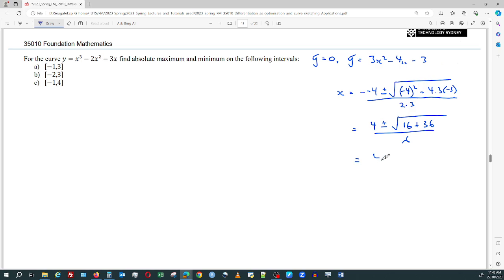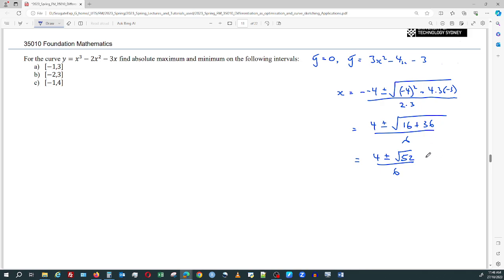So we get 4 plus or minus, now that's 16 plus 36, there you go, 52. So we've got the square root of 52, that's why the integers weren't coming out of the other one. So what have we got here? 52 halved is 26.